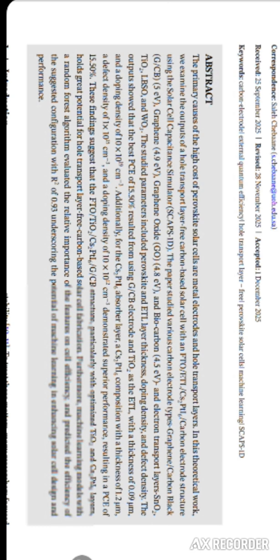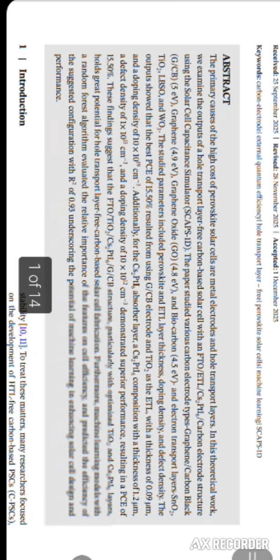And they use tin dioxide, titanium dioxide, LPSO, and WO3 as 4 types of ETL to optimize, and use Cs2PtI6 perovskite as the perovskite or a P perovskite type.